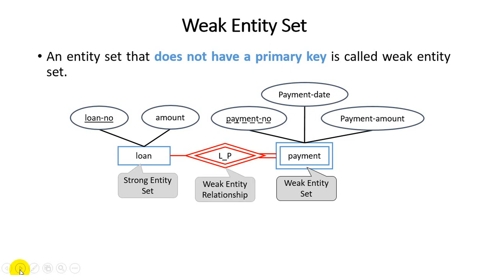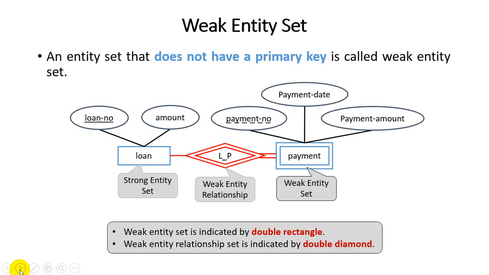Whenever we mention a relationship set with a double diamond symbol, it is known as a weak entity relationship. Whenever we maintain a strong entity relationship, we just use a single diamond between the two entities. A weak entity set is indicated by the double rectangle, as explained with payment. A weak entity relationship set is indicated by the double diamond, the connection between the loan and payment entities.